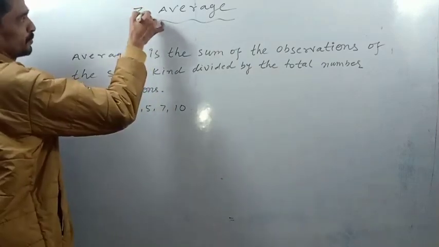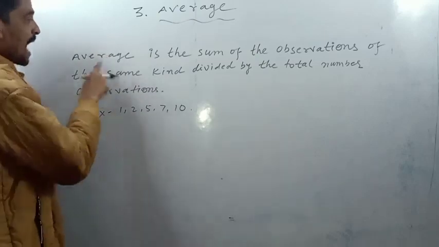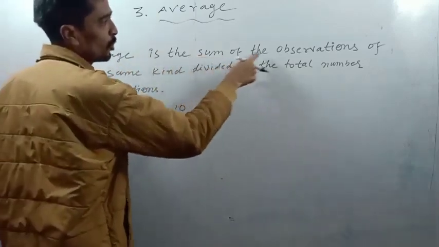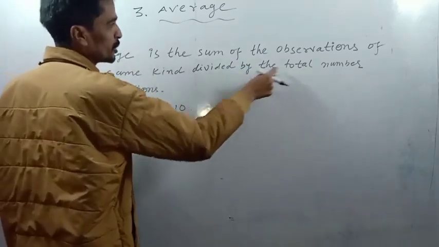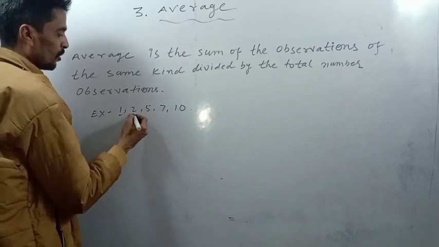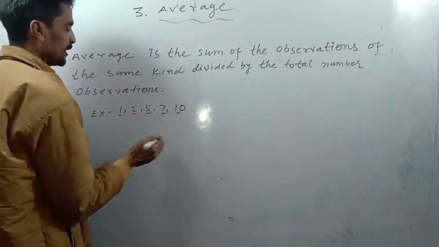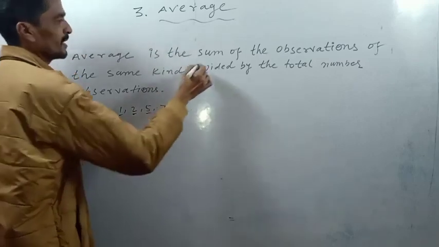The third important point of the lesson is average. What is average? Average is the sum of the observations of the same kind divided by the total number of observations. So here it is the observations, and the total observations are 1, 2, 3, 4, 5. So what is here?